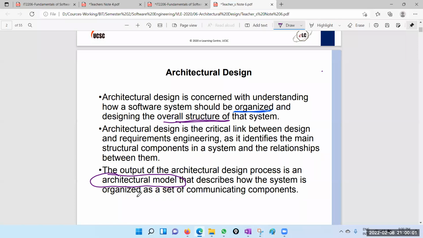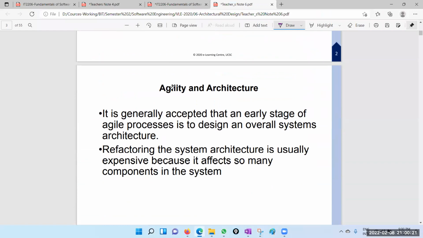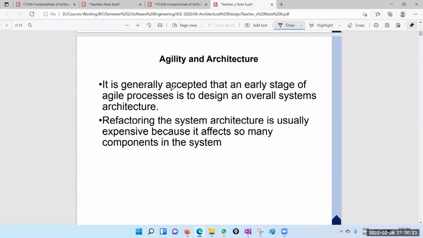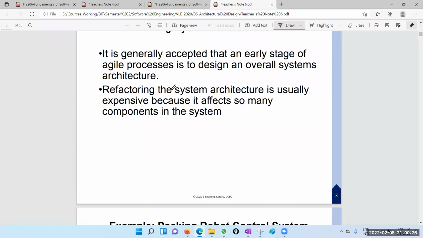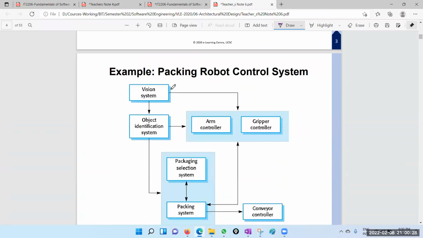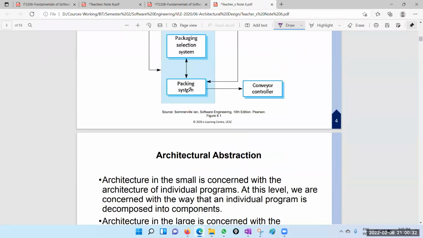It describes how the system is organized as a set of communicating components. So in this design, we heavily show how they communicate. This component is communicating with that one, that one is communicating with another one. Right. So they are just showing some example.